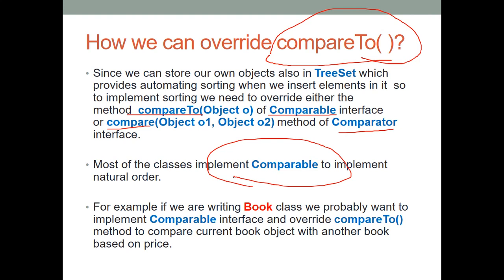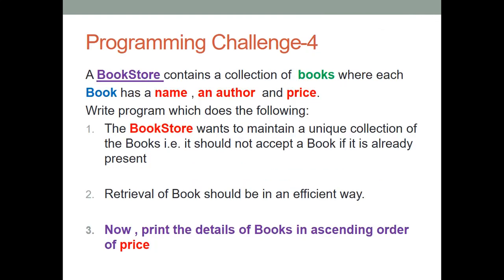The Comparable interface implements the natural order, so it gives you natural ordering sorting, but Comparator gives you the customized sorting, as you want to sort.